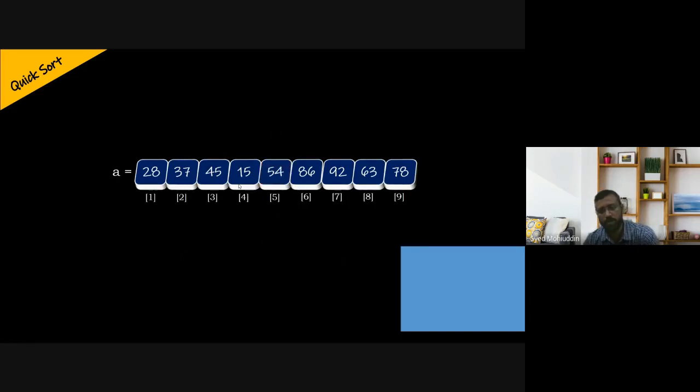Now let us look at another scenario. Can we call this element 92 the pivot element? Let us look at the elements towards its left. All the elements are smaller. But what about the elements on the right side? We have elements 63 and 78. Both are smaller than 92.